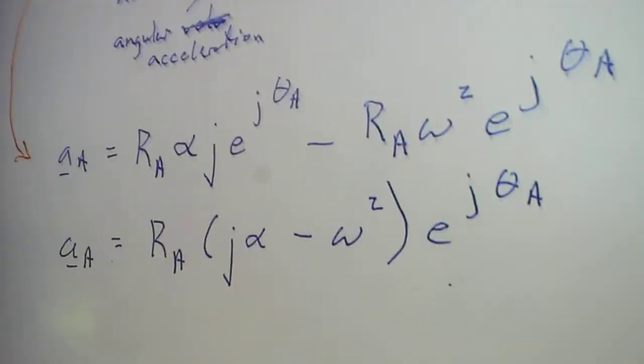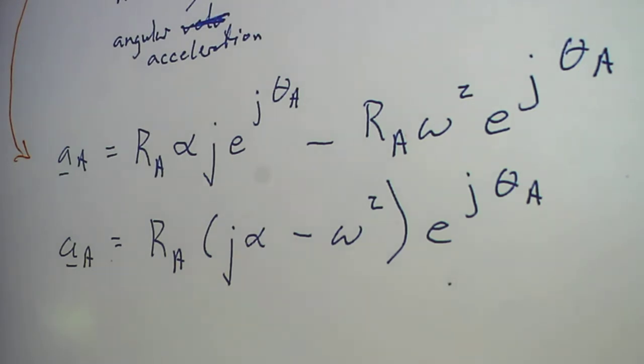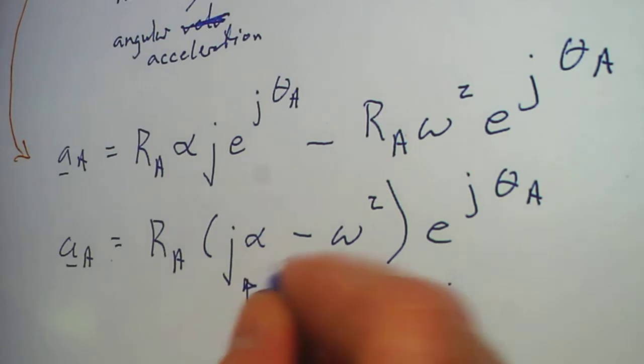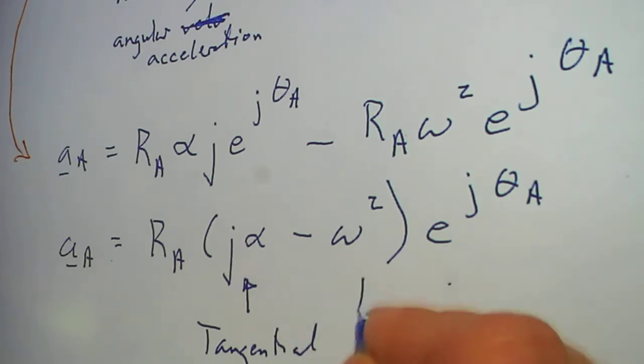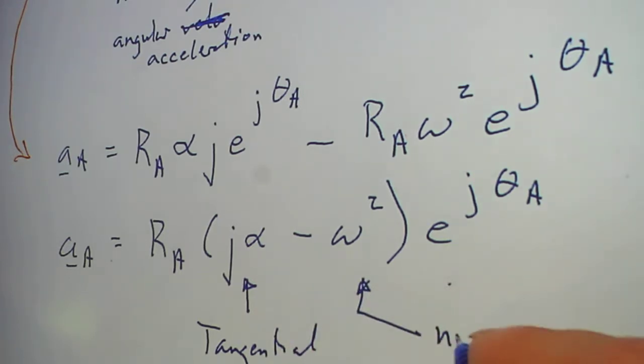And the reason I'm doing that is I want to break out these components here. So this component here is the tangential component. And this component here is the normal, what we call the centripetal, normal or centripetal.